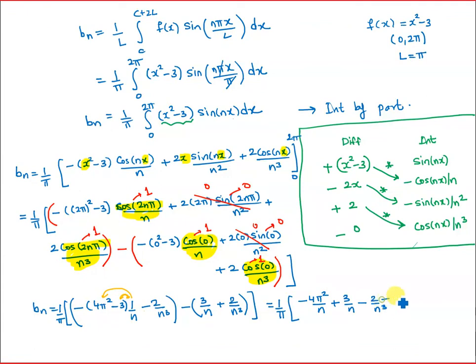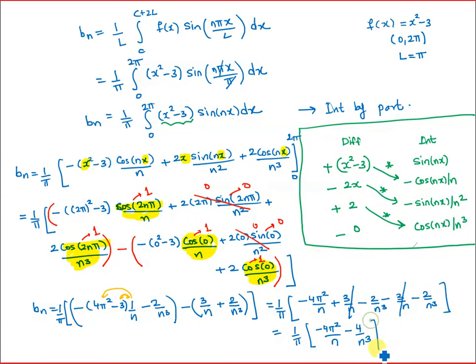Now we have to simplify, we can cancel out some terms. So plus 3 over n minus 3 over n cancel. This gives you 1 over pi times (minus 4 pi square over n. This minus minus is 2 times, so minus 4 over n power 3). This is the value of Bn.